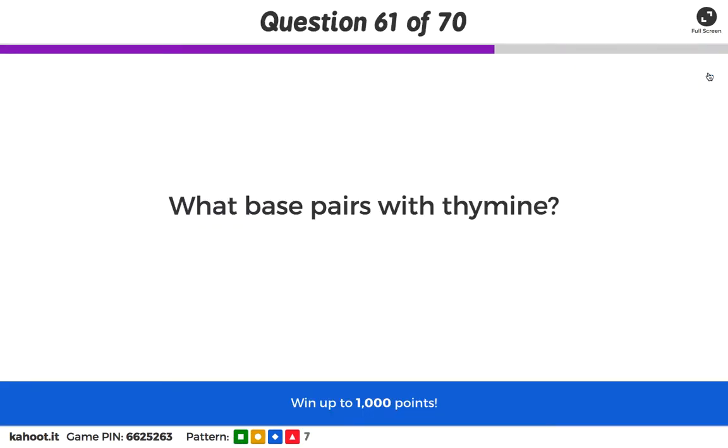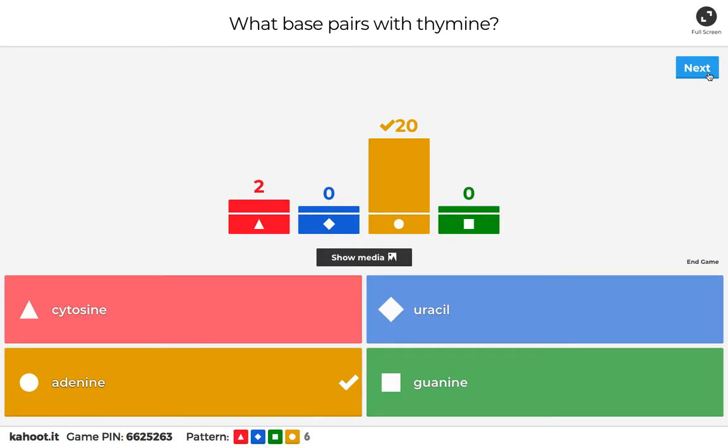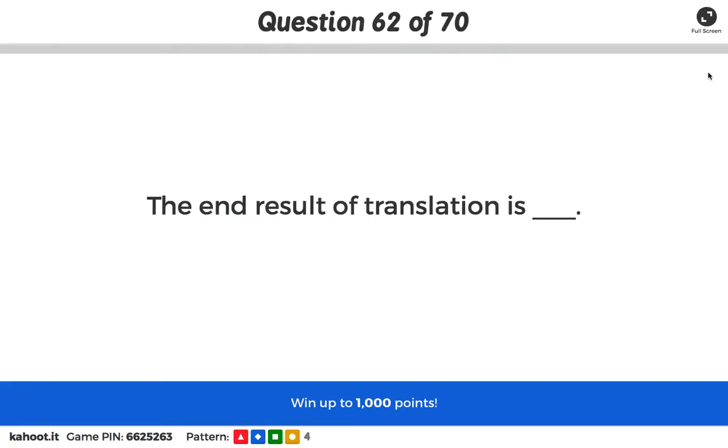What pairs with thymine? You should answer this quickly because you should know this one. What pairs with thymine? A goes with T, G goes with C.